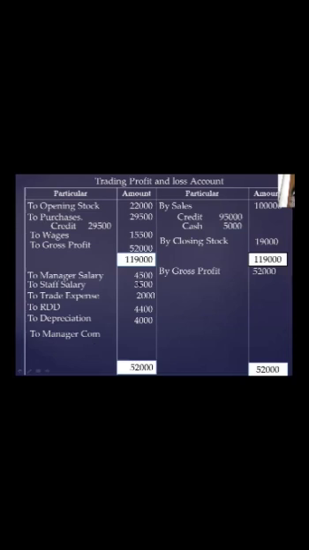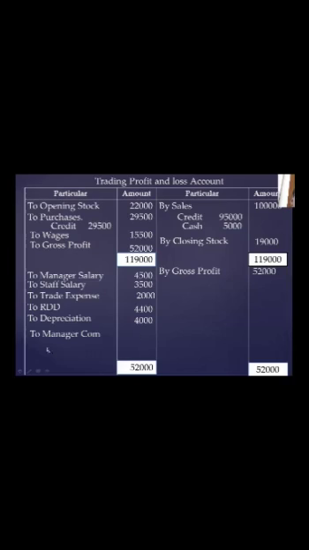Total is 52,000, and the total of the expenses is 4,500, 7,000, 8,000, 10,000... 18,400. 18,400 is the total. 18,400 is to be deducted from this: 52,000 minus 18,400.